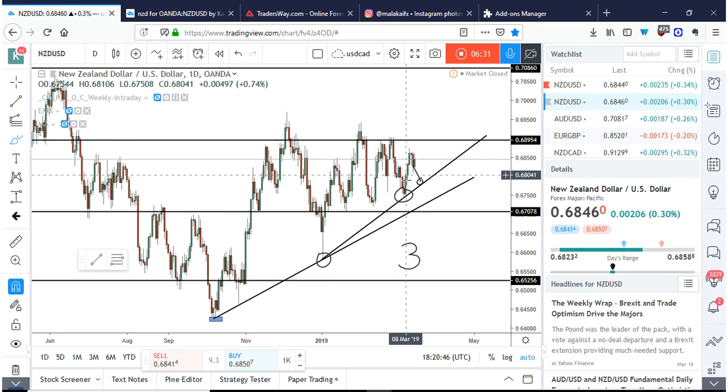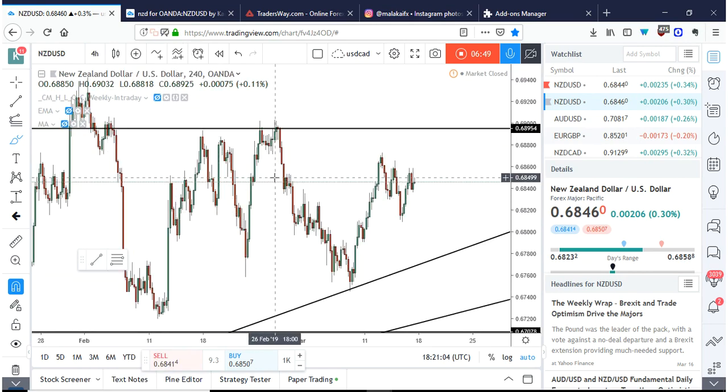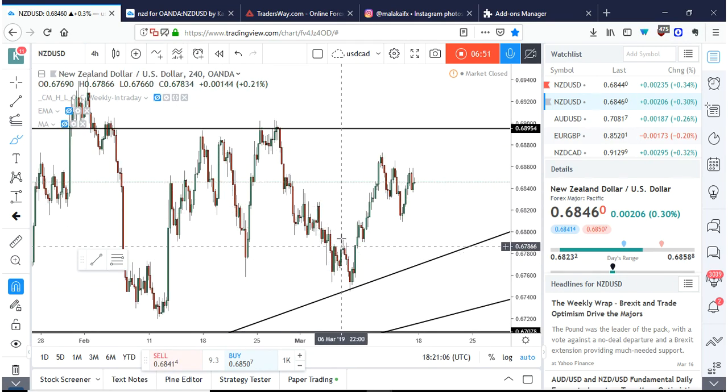Okay, so let's move these lines because we're going to move on to the next part, which is counter trend lines. So you saw this is the main price trend line that bounced off. You want to go to the 4-hour, and then when price is coming down, you can think of it like a channel.